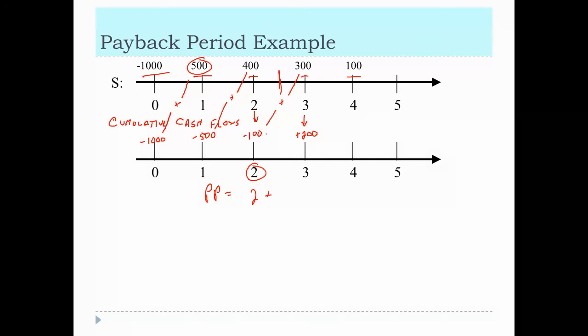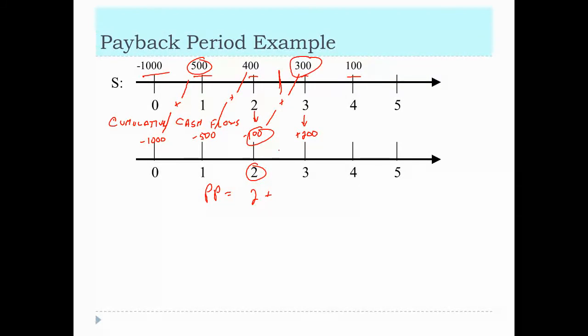At the end of 2 years, there was $100 left to recover. We were $100 short of recovering our investment. And during the third year, we expected to recover $300 from the investment.